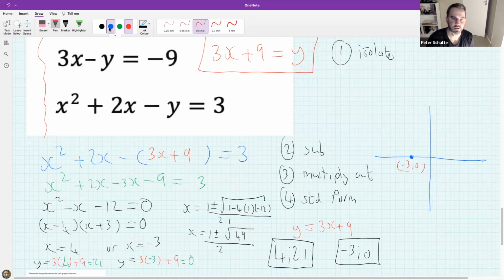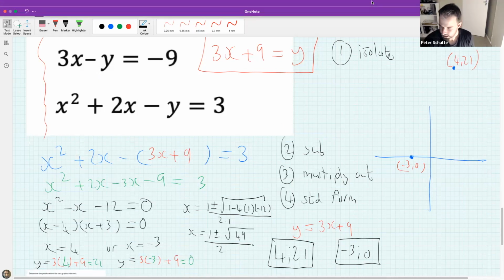And then another place where they meet is 4, 21, so 4 across and 21 up, so maybe all the way up here. And so if I had a graph, I found them using the graph. But if I don't have a graph, then I have to use the algebra, which basically says the two graphs are equal at intersection points. Therefore, I can sub one graph into the other, eliminate a variable, and solve for the intersection points.